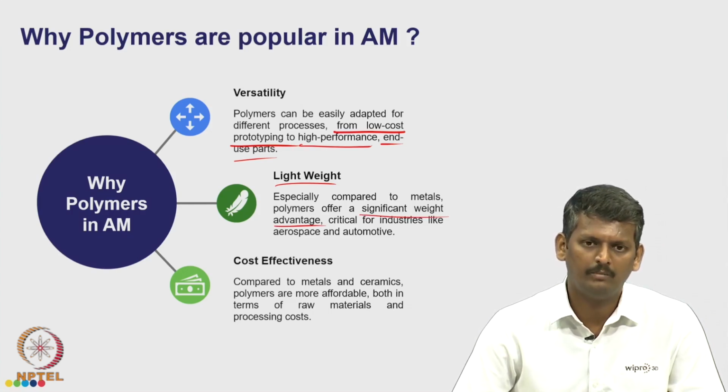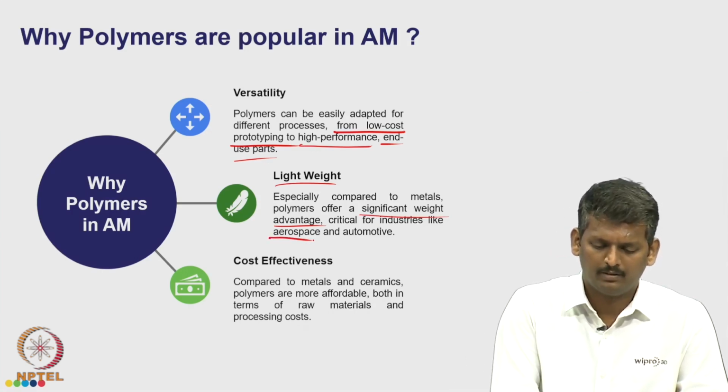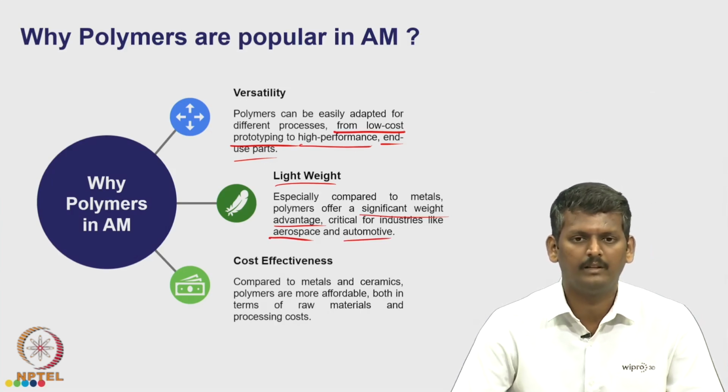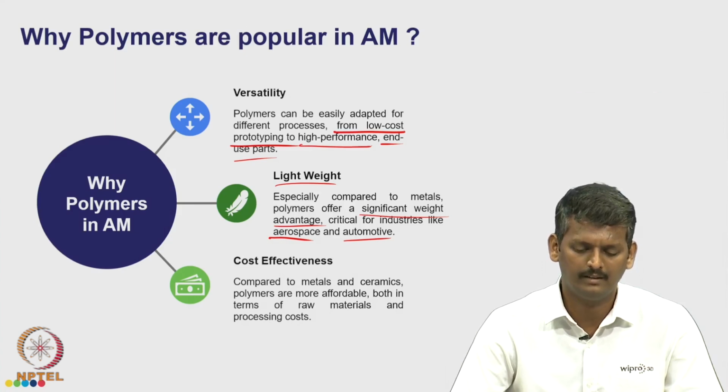Certain industries like aerospace or automotive are very weight sensitive, meaning they require very lightweight components for their applications. In that scenario, they would like to use polymer materials in certain components.